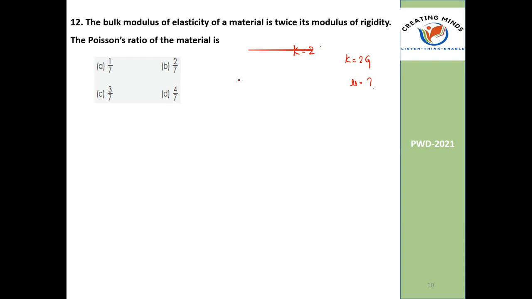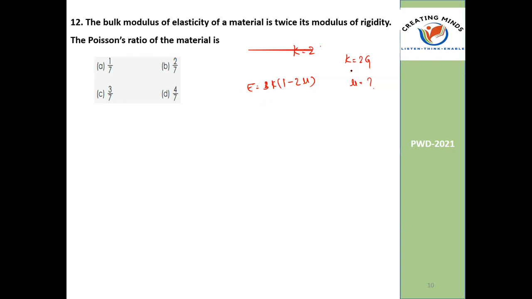You can directly take the equation E equals 2G(1 plus mu), or E equals 3K(1 minus 2 mu), right?